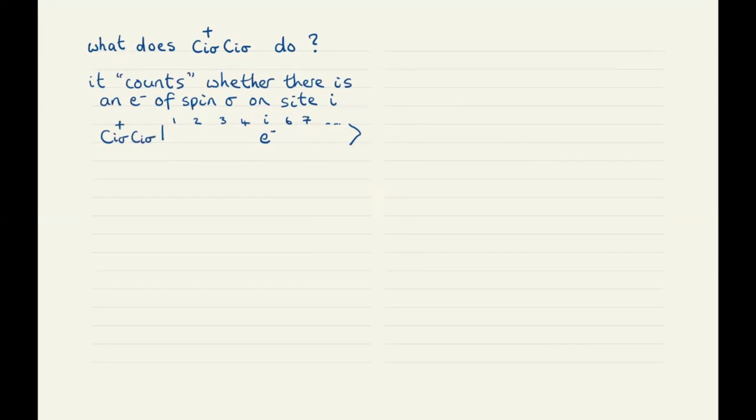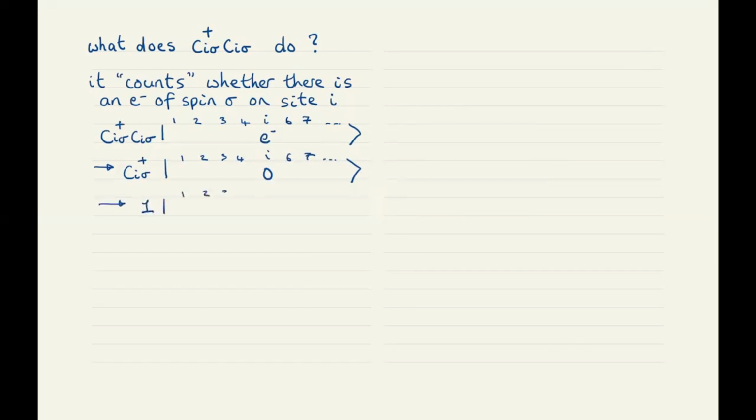Then the C sub I sigma will destroy this electron on site I, giving me C sub I sigma dagger operating on a state that has no electron on site I. And then the C sub I sigma dagger will create this electron again.